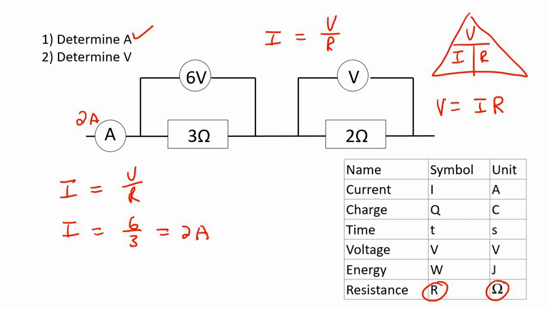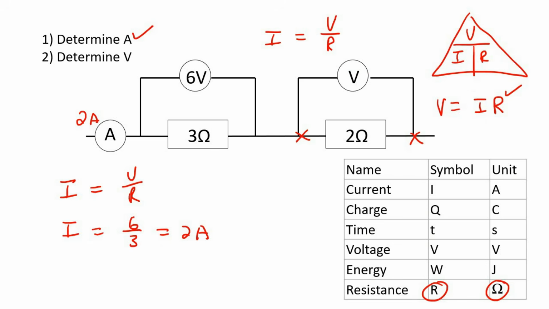So what that means is we need some type of current, and we need some type of resistor. We can see which resistor we need to use because we're looking at this voltmeter, which is connected across this resistor. So we know what the resistance is, but we don't know what the current is.